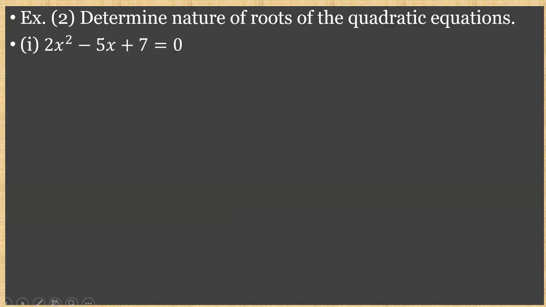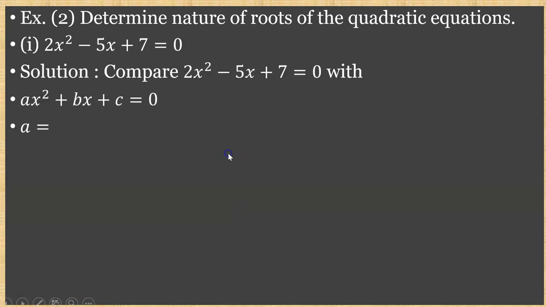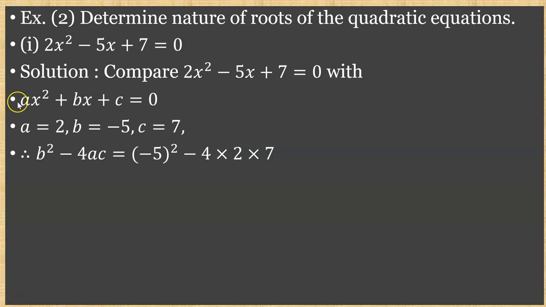Determine the nature of roots of the quadratic equation. Now again comparing with ax square plus bx plus c is equals to 0. The value of a is 2, b is minus 5, c is 7. Again here b square minus 4ac. Okay, the value of b is minus 5 square minus 4 into 2 into 7.